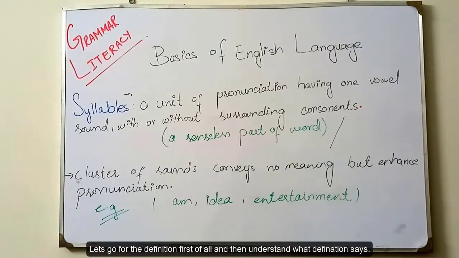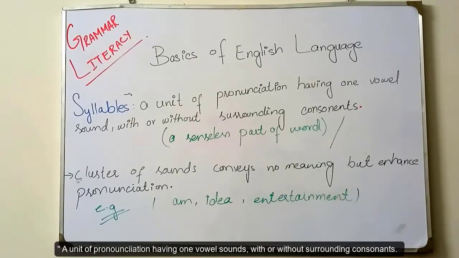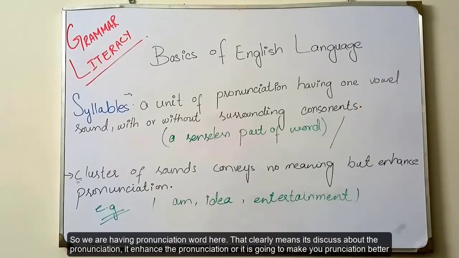Let's go for the definition first and then understand what the definition says. A unit of pronunciation having one vowel sound with or without surrounding consonants. So we have the word pronunciation here. That clearly means it discusses pronunciation or it enhances pronunciation.